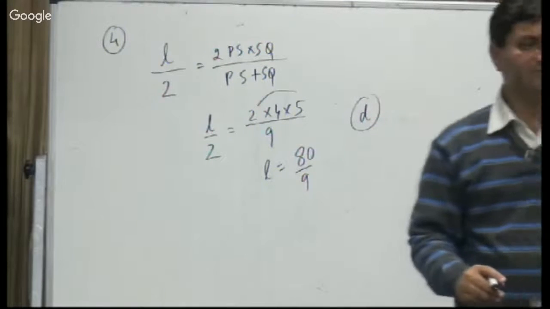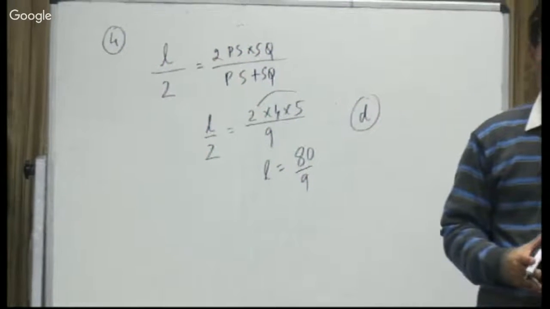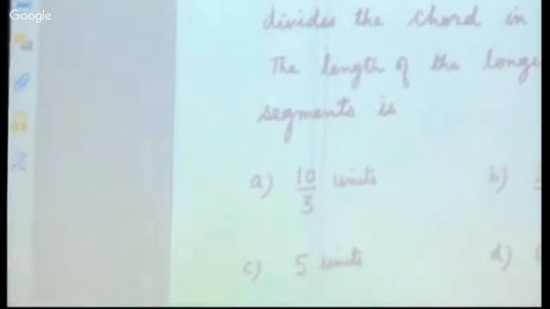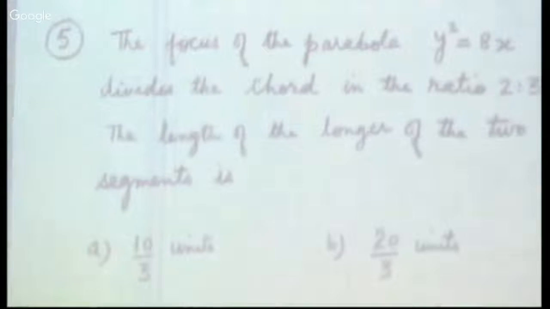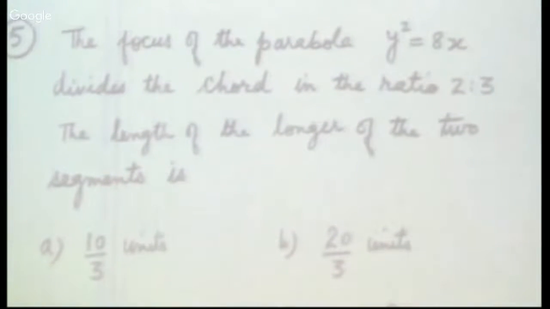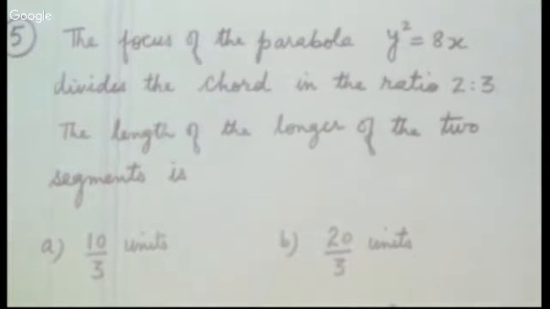Next, question 5. The focus of the parabola y square equal to 8x divides the chord in the ratio 2 is to 3. Which chord? It has to be a focal chord. When the focus is dividing a chord in some ratio, it has to be a focal chord.